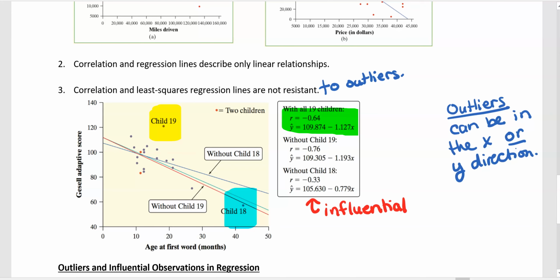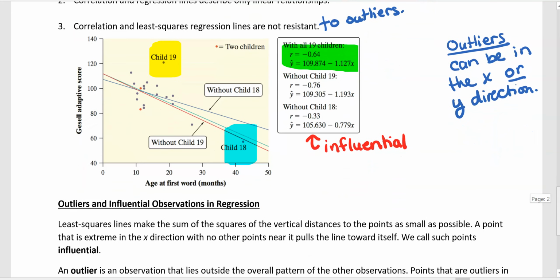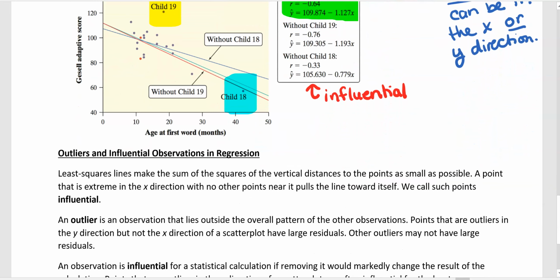That's what we're getting at in this next part down here. Least squares lines make the sum of the squares of the vertical distances to the points as small as possible. We've talked about that. A point that is extreme in the x direction, an x outlier with no other points near it, is going to pull the line toward itself. So that's an influential point.